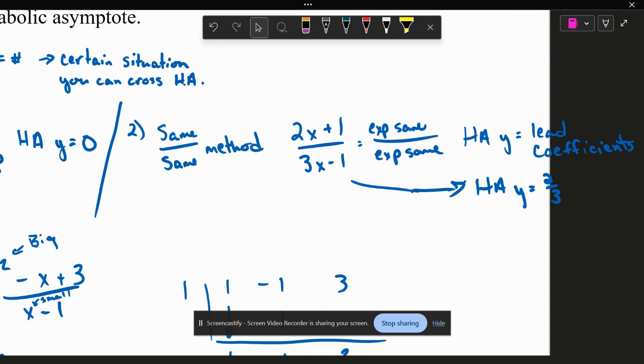So you'll have a horizontal line that can be crossed sometimes, but not always. So if you've got 2x plus 1 over 3x minus 1, they both have an exponent on their x that's 1. So your lead coefficients are 2/3, and y is equal to 2/3 is where your horizontal asymptote is going to be located.